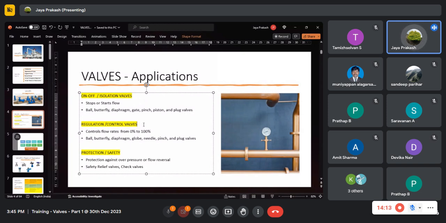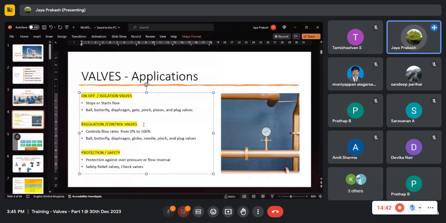The second type is regulation valves or control valves. There you'll be able to control the flow to the requirement, because certain boilers may require a fluid to flow to a certain level so that the burning process will not stop.